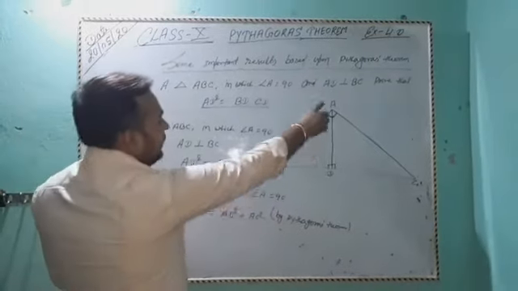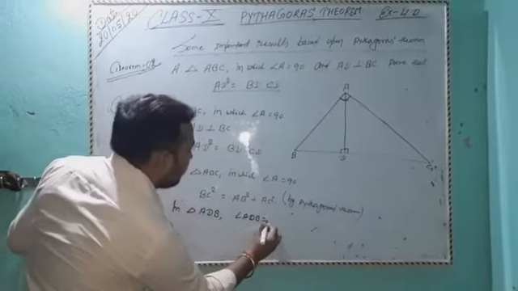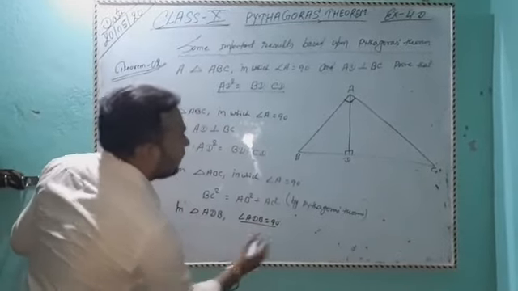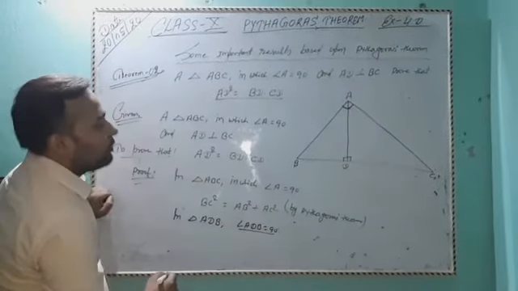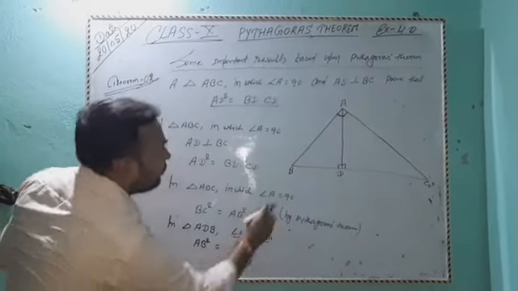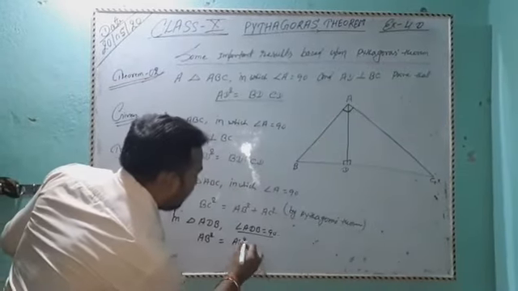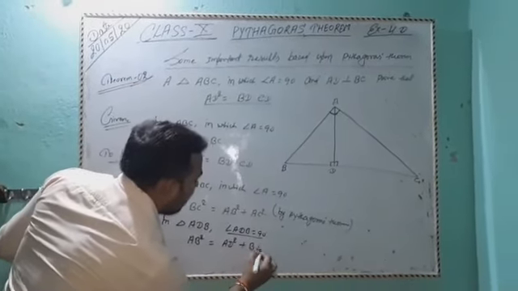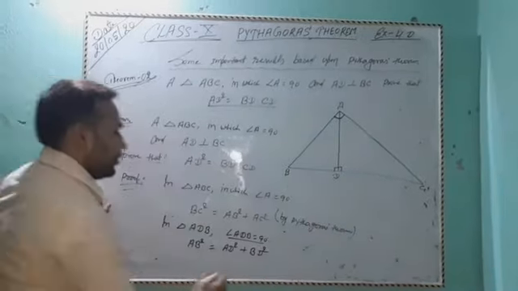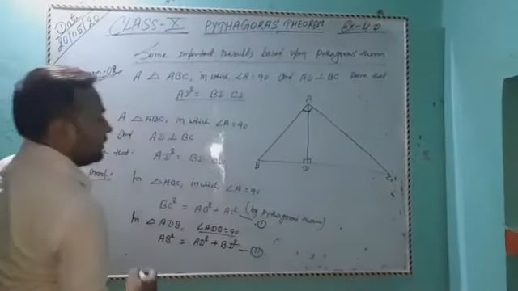Now in triangle ADB, angle ADB equal to 90 degree. So by Pythagoras theorem, AB square equal to AD square plus BD square. So equation first, this is equation second.